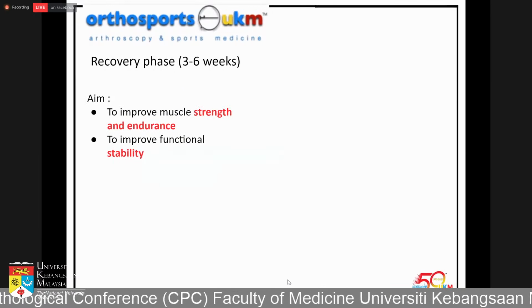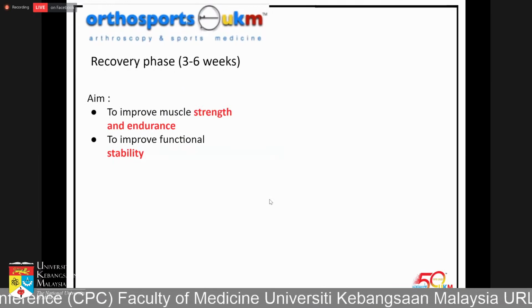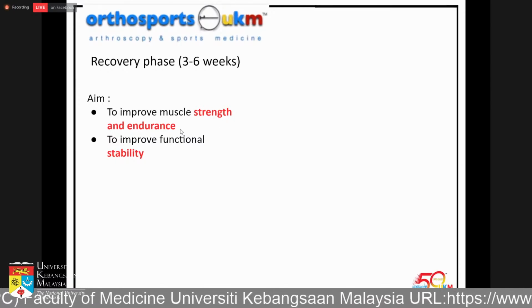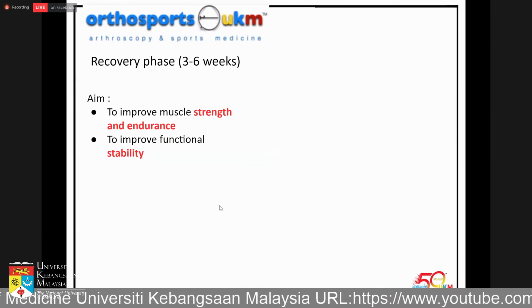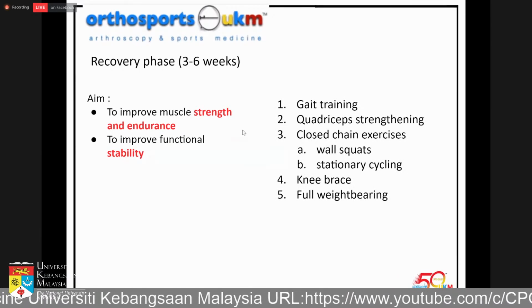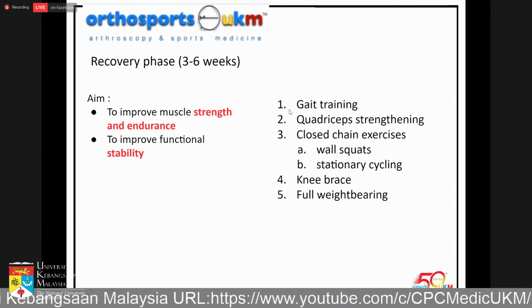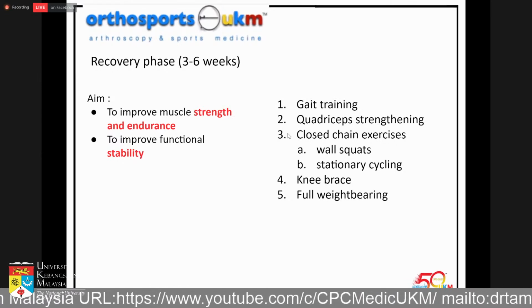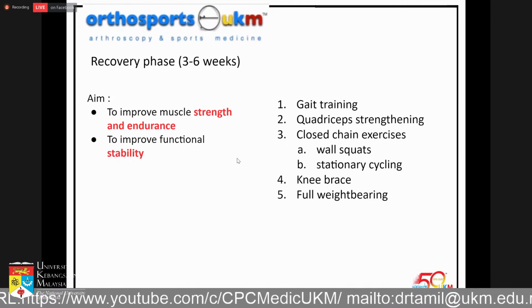So next, the recovery phase at 3 to 6 weeks. The aim is to improve muscle strength and muscle endurance, and we need to improve functional stability. For that, the physiotherapist will teach the patient gait training, quadriceps muscle strengthening, and closed chain exercises such as wall squats and stationary cycling.